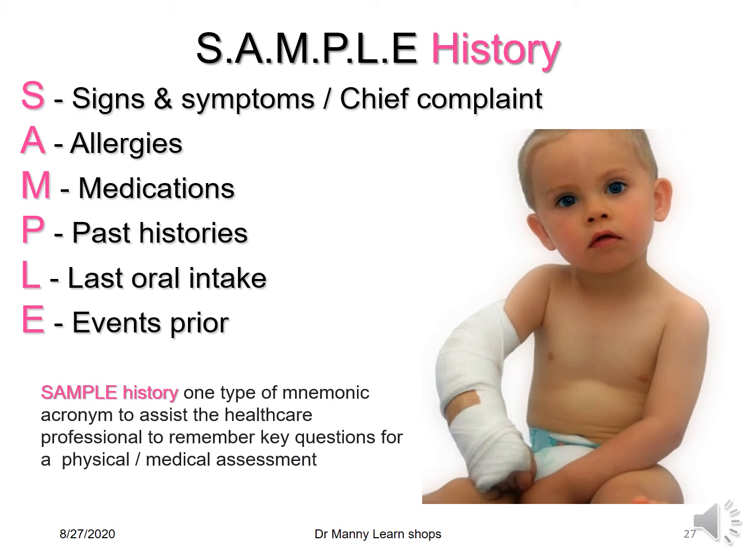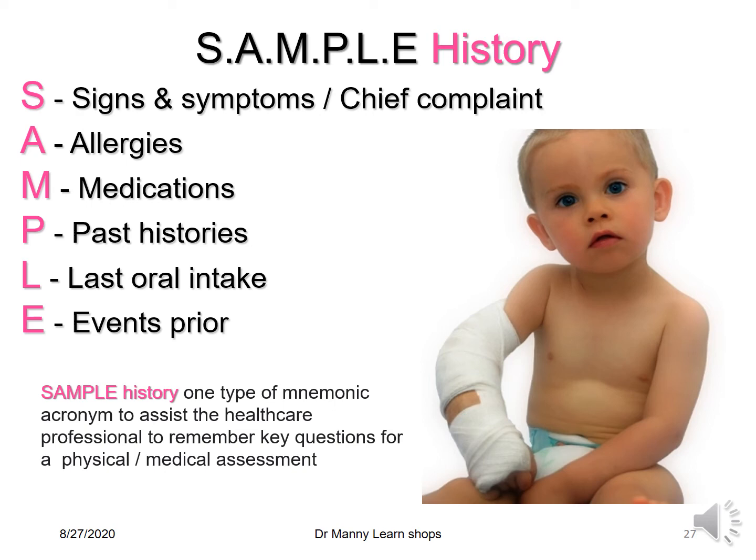A deals with any allergies that they might have. M, any current medications that they might be on. P, any of the past histories. L, the last oral intake, just in case an intervention is required that may require an empty stomach or awareness by the physician or the healthcare provider that there could be a potential for regurgitation or vomiting.